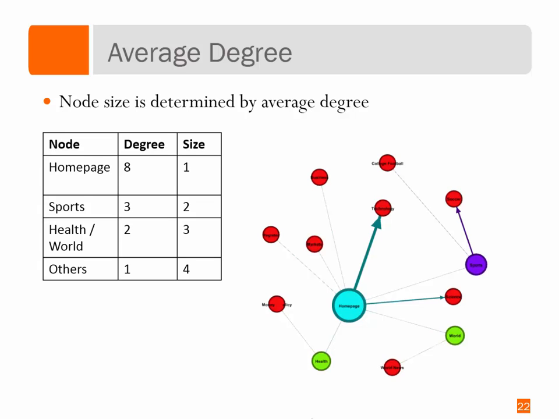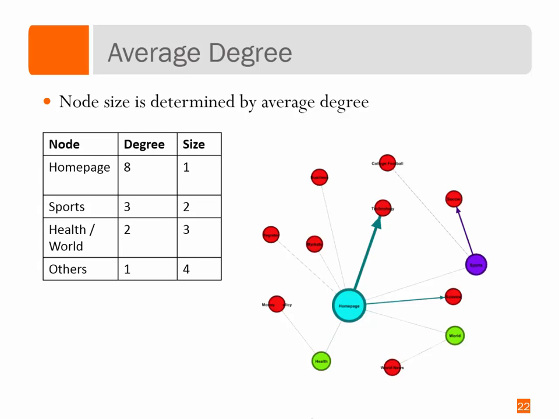Then world and health. So we've got 2 others there. You can see those as the green nodes. They each have 2 relationships. If we look at health, it's got a relationship to the left there to money, as well as homepage. And if we look at world, it's got a relationship to the homepage and to world news.